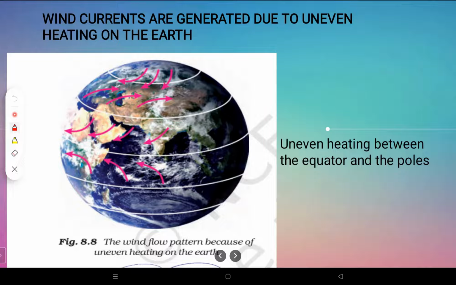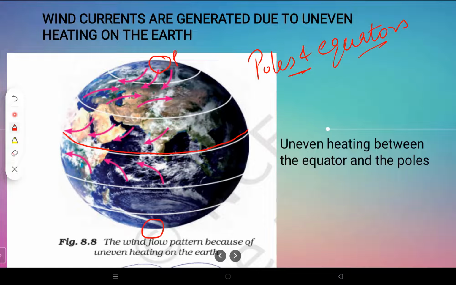Do you know what poles and equator are on Earth? The equator is the centermost latitude, and the poles are the two geographic poles, for example, North Pole and South Pole. These are the poles. This is the equator.